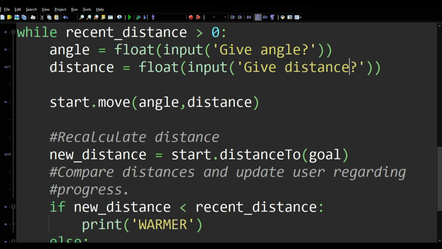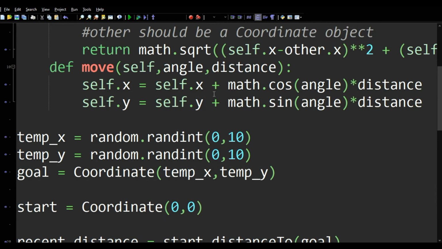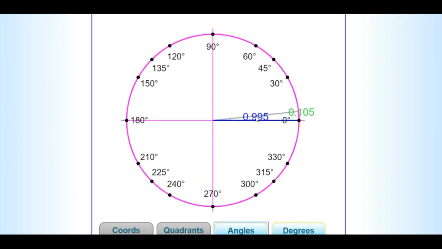Now, an important thing to note is that cosine and sine in the math library use an angle in radians. People are usually more familiar with degrees, where 90 degrees is a right angle, 180 is basically the opposite of the direction we were facing, and then we can go all the way around to 360.